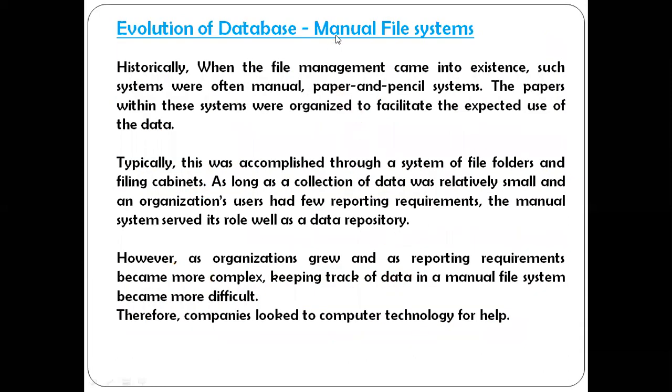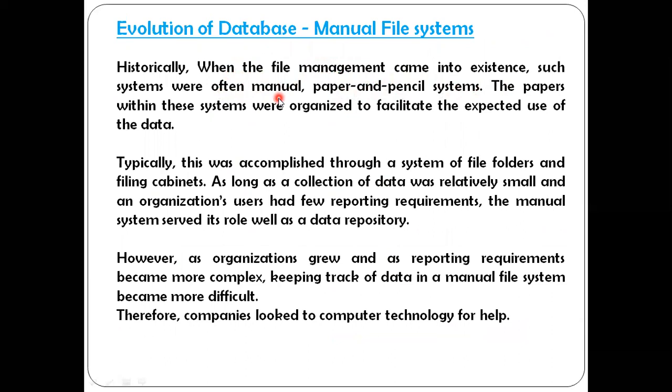So, evolution of database: the manual file system, that means without the help of computers. Historically, when file management came into existence, such systems were often manual. That means pen and paper based, without the help of machines. Everything is based on pen and paper.